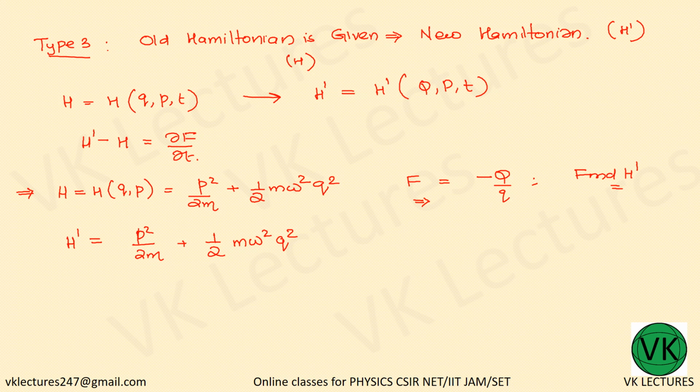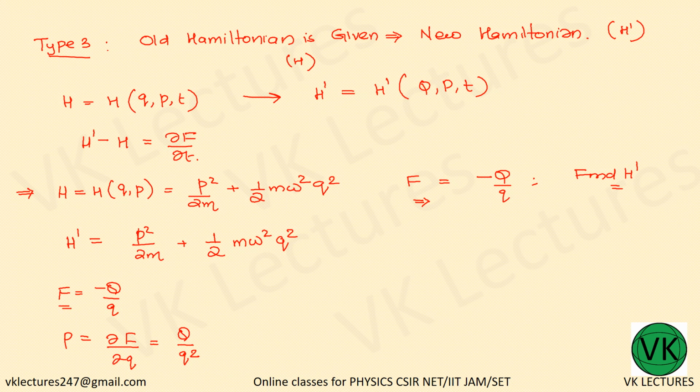Now we have the generating function F given by minus capital Q by small q, and let's find out what is small p. That is equal to dou F by dou small q, that's equal to capital Q by q square. Minus and minus get cancelled. We have found out small p.